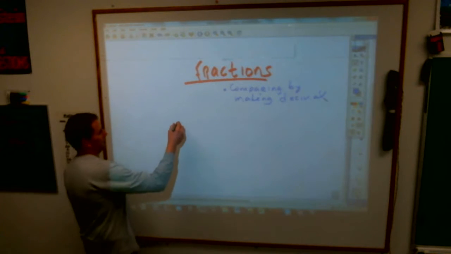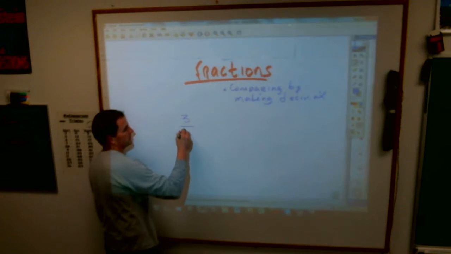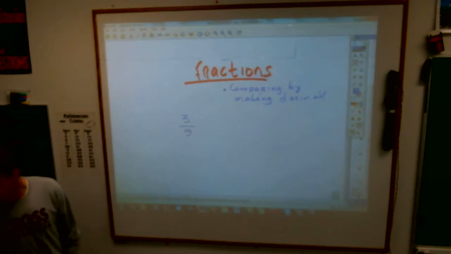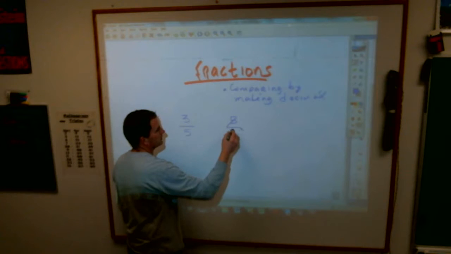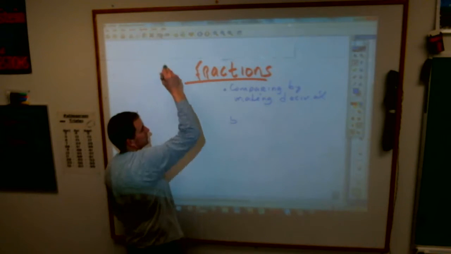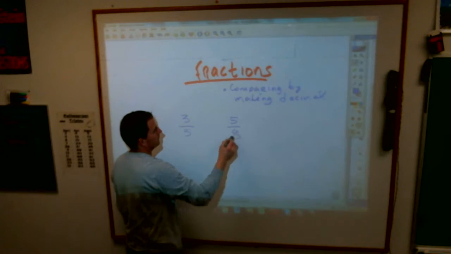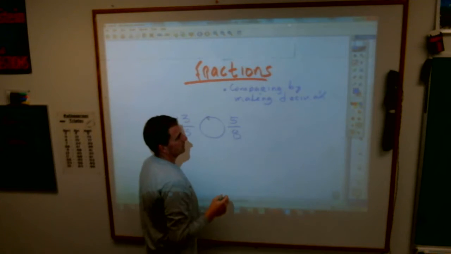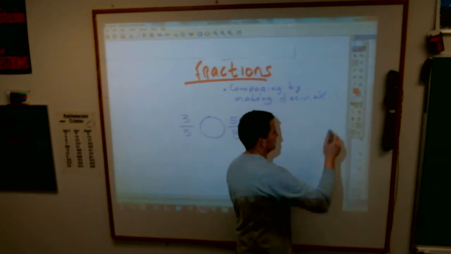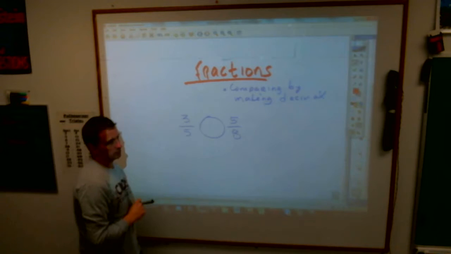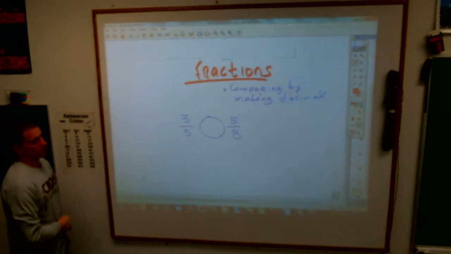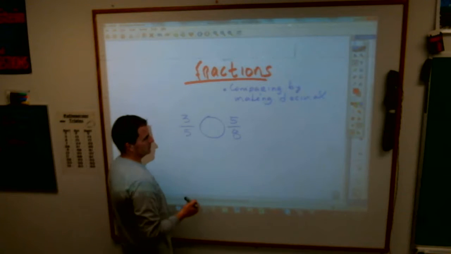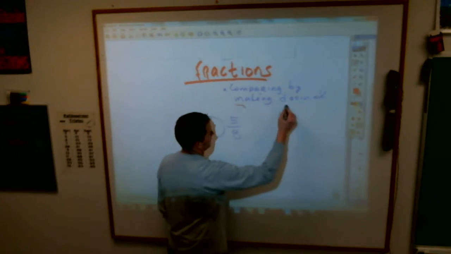For example, if you have 3/5 compared to 5/8, you are not to draw pictures anymore, mostly because that's all subjective to how big you're making your fractions, and it's just not a good way to do it. You want to now compare them by making them decimals.